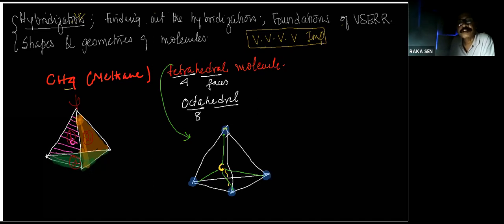Okay, fine. So this is a tetrahedral diagram. Now, what's happening out here is that all these bonds are of equal length. So I write down the points out here. All these carbon-hydrogen bonds are of equal length.